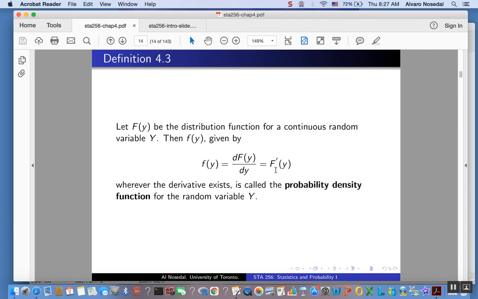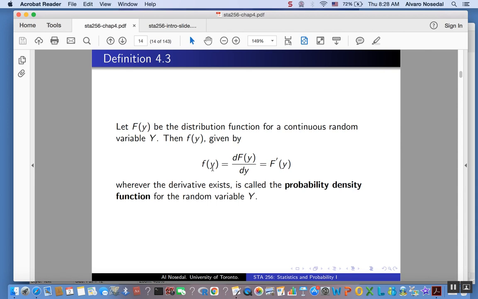It turns out that if you take the derivative of the CDF, then that equals the PDF. Well, that's the main idea behind the method of distribution functions.